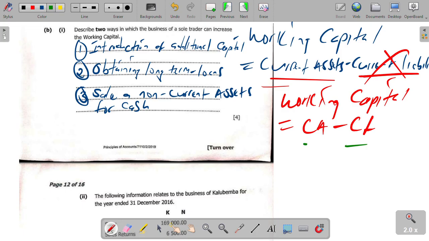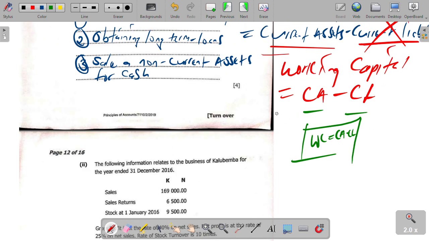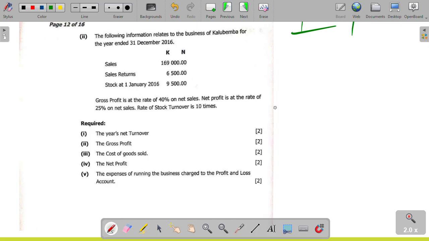So you need to know how to rearrange the formula to get whatever they're asking you to calculate. Okay, so working capital is current assets minus current liabilities. Now let's go to question B2. Let me read.